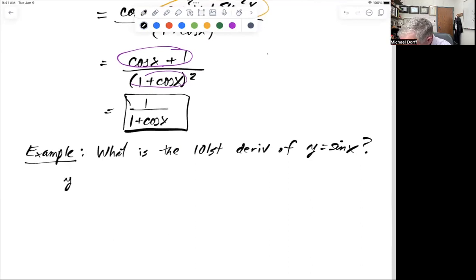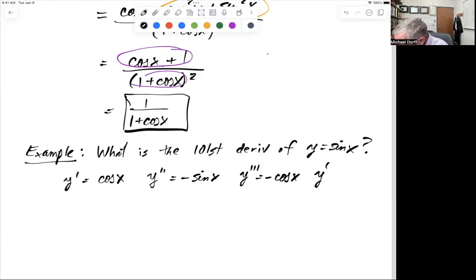Okay, so the first derivative is going to be, from what we talked about before, the derivative of sine is cosine. The second derivative, I'm going to take the derivative of cosine and get minus sine. The third derivative is going to be, I have a negative sign, so the derivative of sine is cosine, and with a negative in front of it, it's going to be a negative cosine.